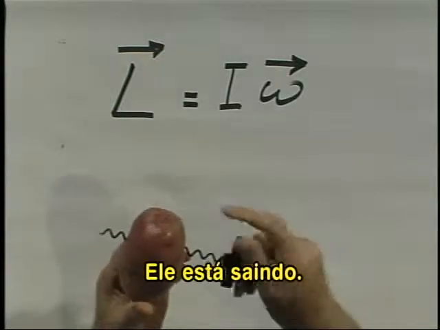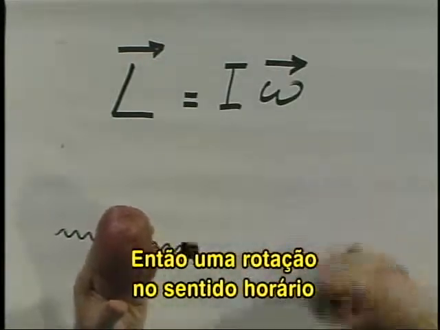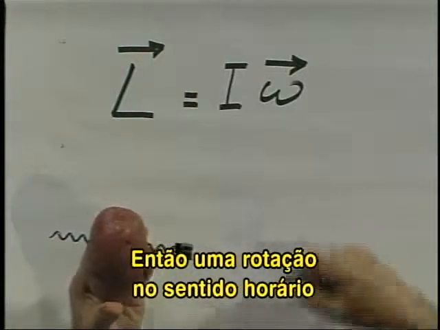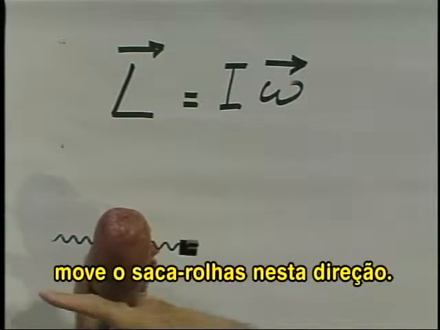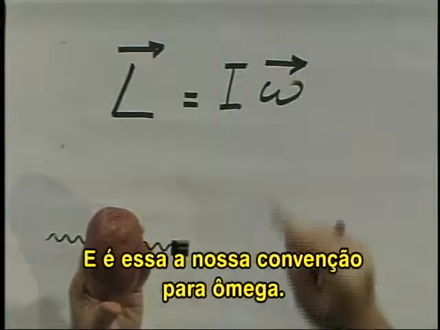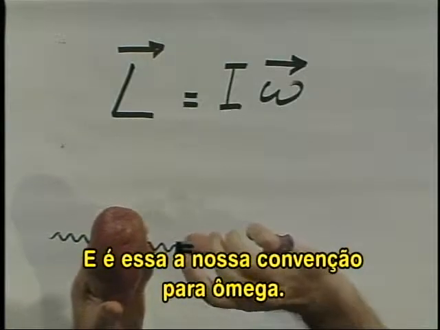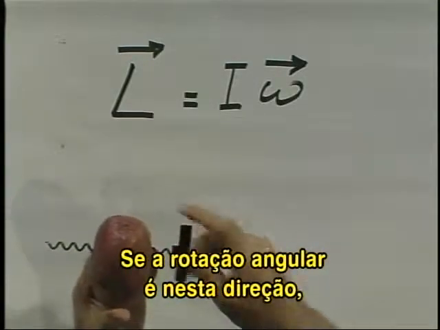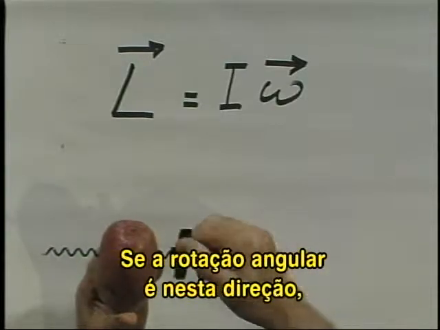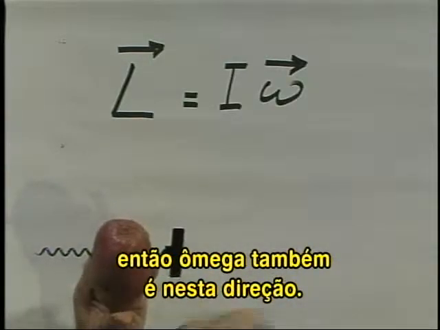There it comes out. So a clockwise rotation moves the corkscrew in this direction, and that is our convention for omega. If the rotation is in this direction, then omega is in this direction.